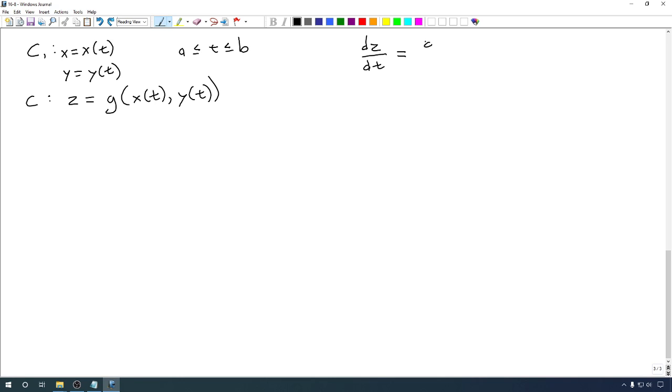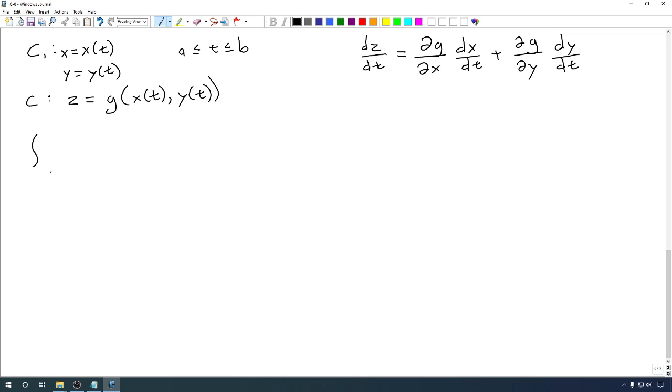Actually, that should be a partial derivative. So the first spot on g, we're taking the derivative of, but then we have to multiply that by the derivative of what's inside that first spot. Then we have to add that to the derivative for the second spot, for g with respect to y, and then we multiply by the derivative of y with respect to t.